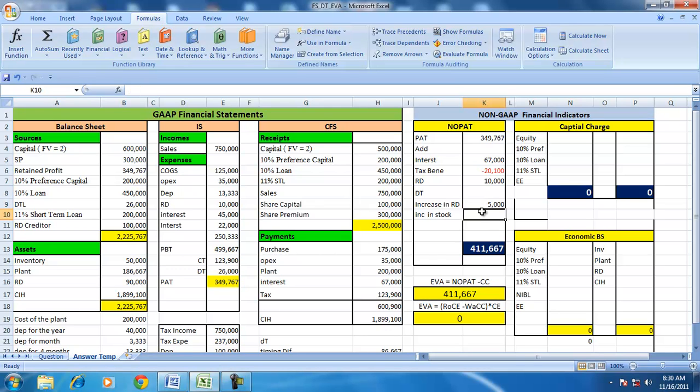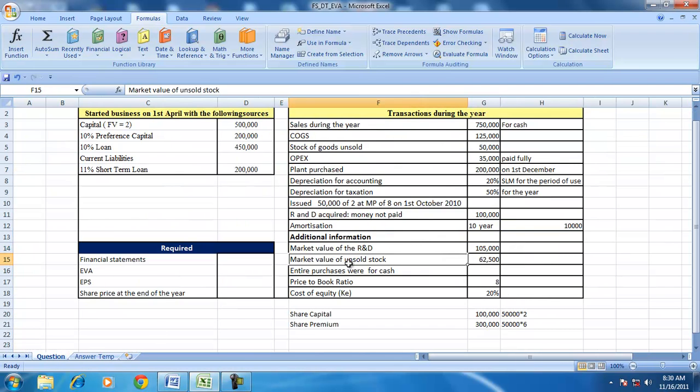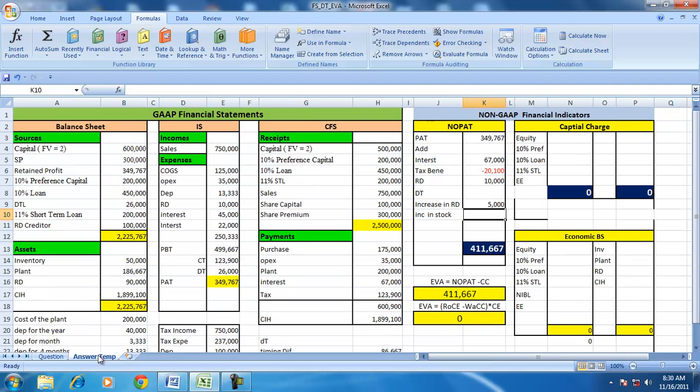In the same manner, the market value of the stock goes up to 62,500. So the increase in this stock will also be adjusted, and deferred tax in EVA calculation is not considered, so the deferred tax is added back. So 450,167 is the net operating profit after tax.